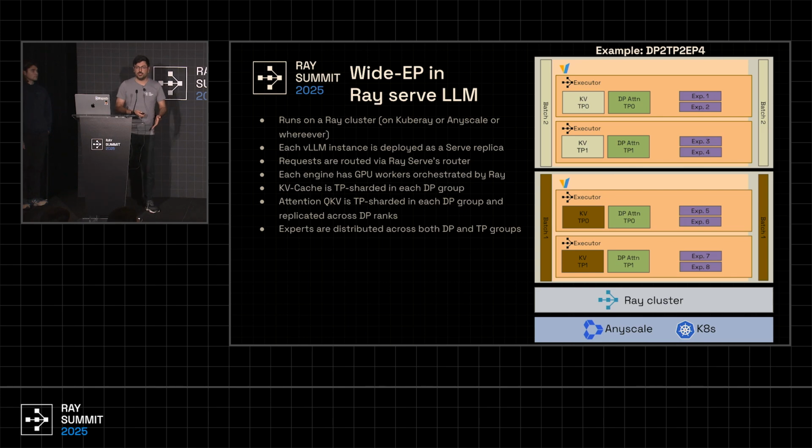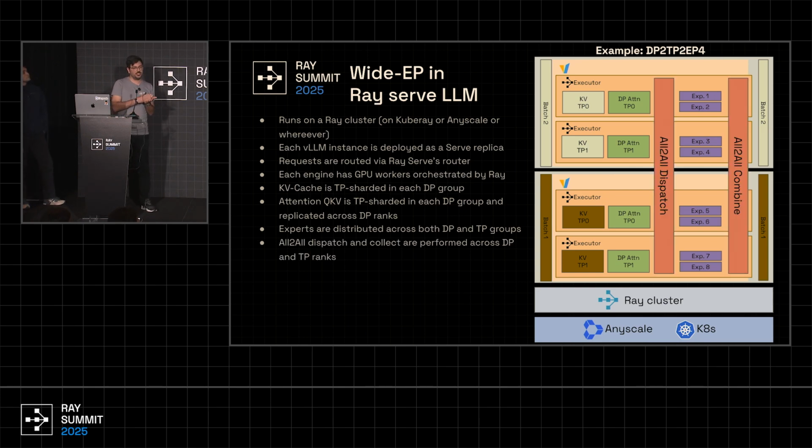Experts are sharded across both TP and DP groups. And between attention and experts, you've got these all-to-all communications, which dispatch and combine tokens after each stage of experts. What these units essentially do is route tokens between attention units and the corresponding experts they should get routed to.